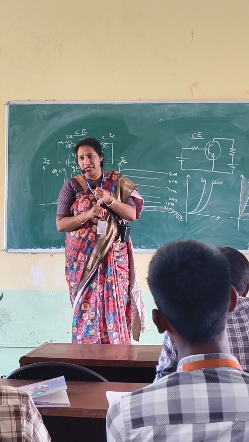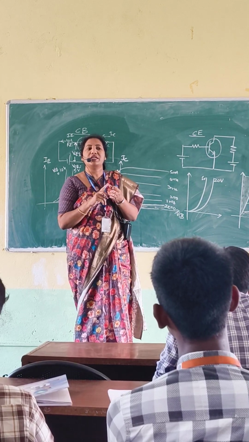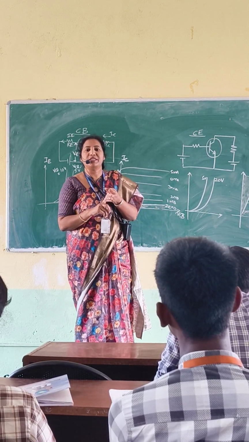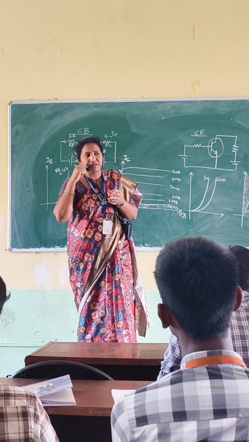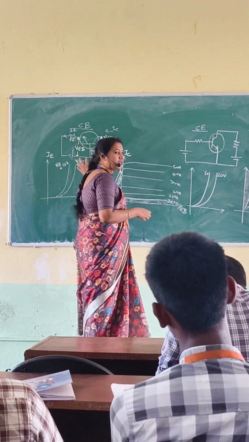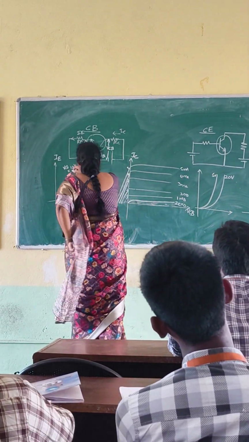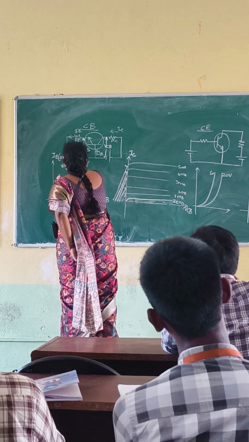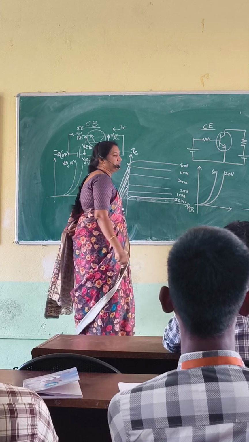For emitter, milliamps. For collector also, milliamps. But if we take the base current, the base area is small, so microamps. So here, what units should I take? Milliamps. And the voltage is in volts.